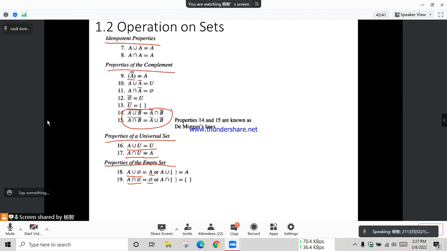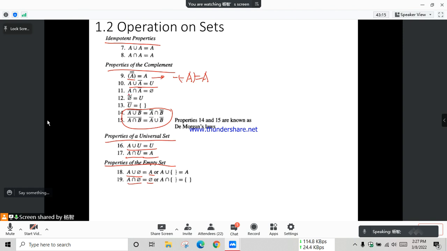The complement of complement of A equal to A. You can comprehend like this. The minus minus A is equal to A. And the A union the complement of A is equal to U, the universal set.